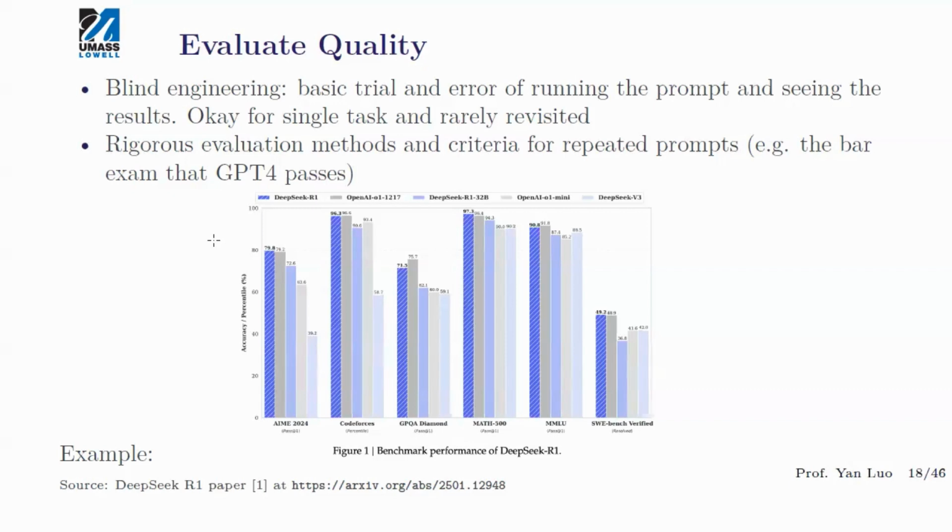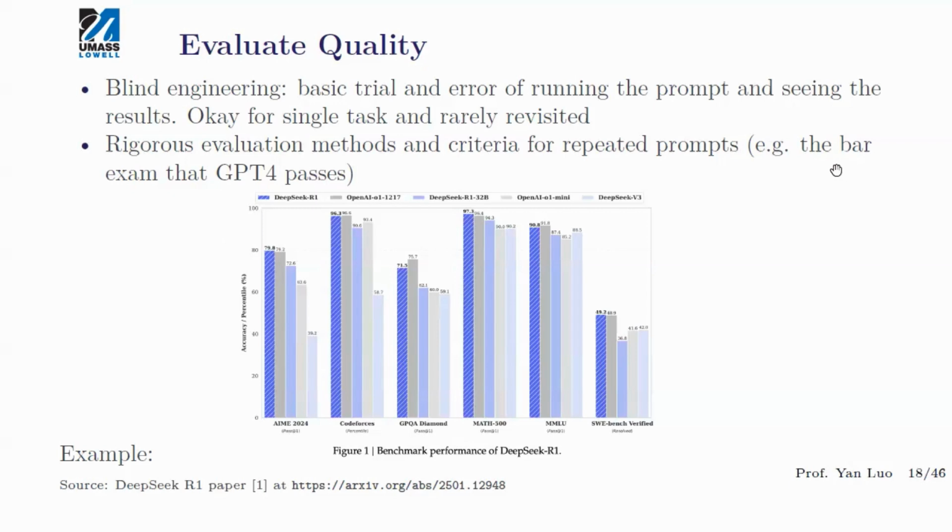You can sit there and evaluate each of these outputs to see, okay, is this a good one or a bad one or a mediocre one. But if you want to rigorously evaluate a model or compare it with other models, you need to have well-known or well-recognized benchmarks.